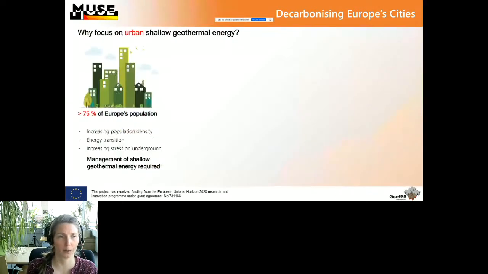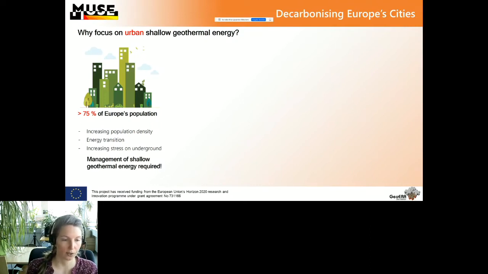But why did we choose to focus on the urban setting? Because more than 75% of Europe's population live here. So we have a high population density that comes with a high demand for heating and cooling, and with a high number of subsurface installations.